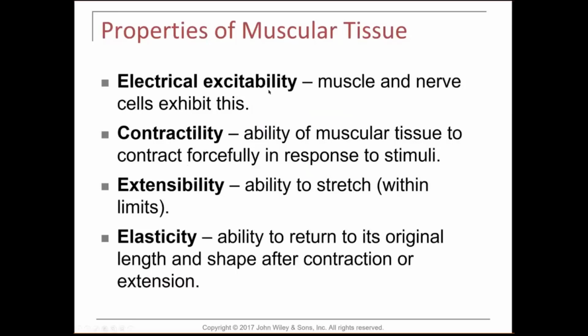Electrical excitability. This is something I alluded to earlier on. Electrical excitability simply means that your muscle fibers are able to respond to an electrical stimulus. Now, remember that shock I was talking about, where along your neurons you have this signal that gets sent down a neuron, and then at the end of that neuron, it communicates to a muscle.